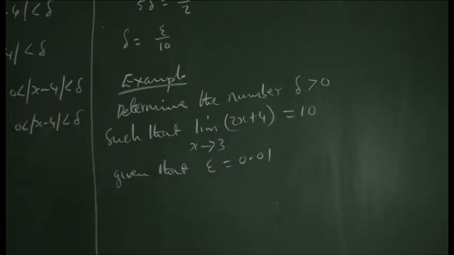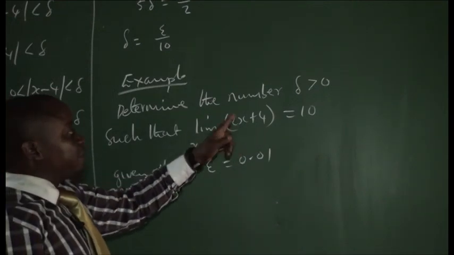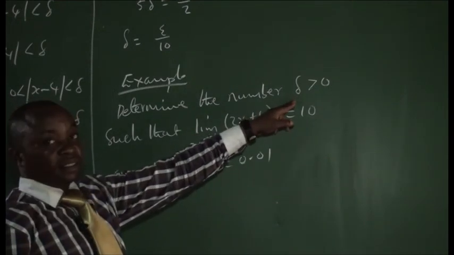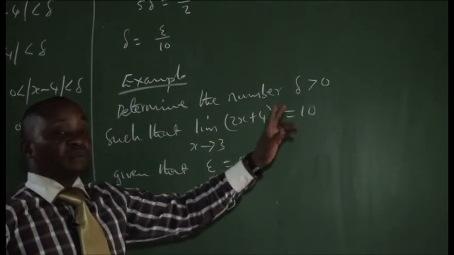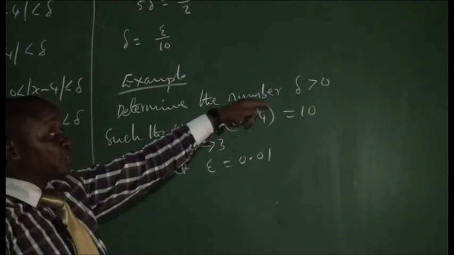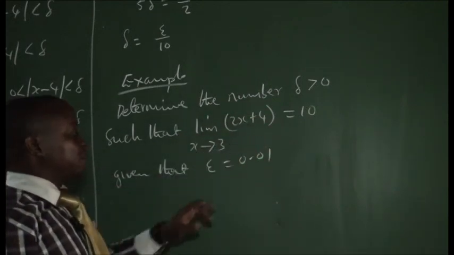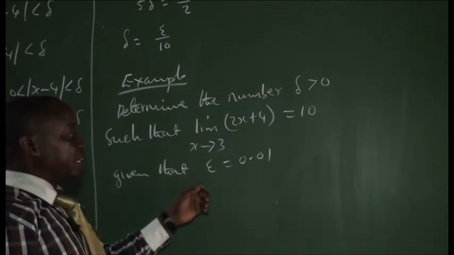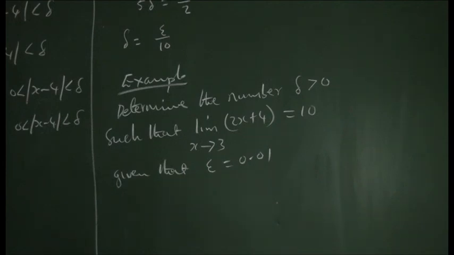All right, so in this function now, we are asked to determine delta. That is a positive value. Delta greater than 0 means positive value. What we want to get must be positive, such that the limit of this function is equal to 10, given that epsilon is 0.01.